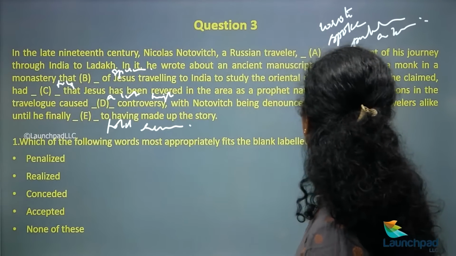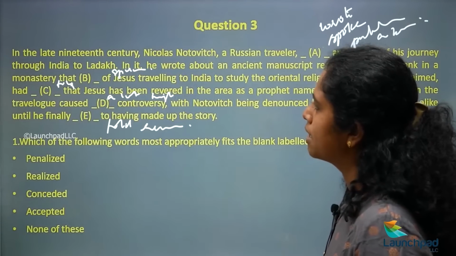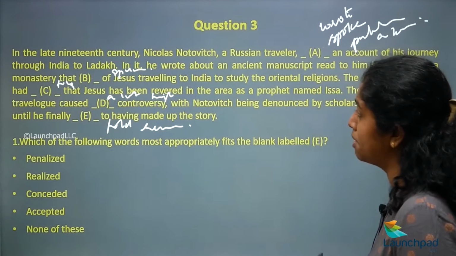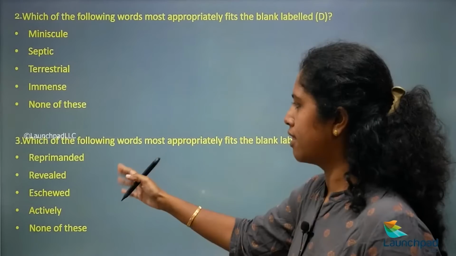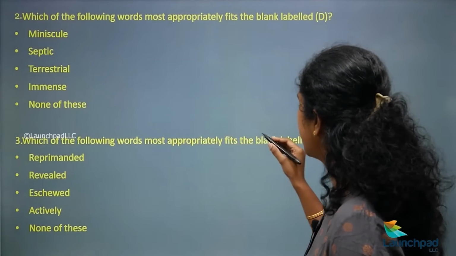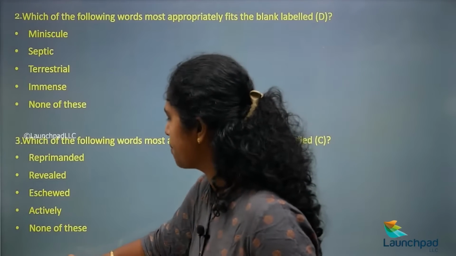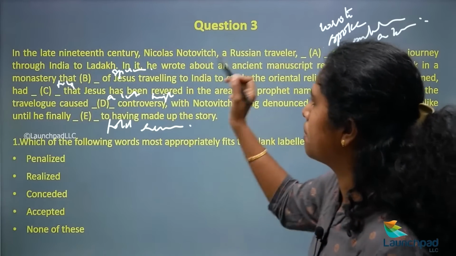Now the next one, the third one. The monk, he claimed, had dash that Jesus has been revered in the area. So he's telling. Third question: which of the following words most appropriately fits the blank labeled C?